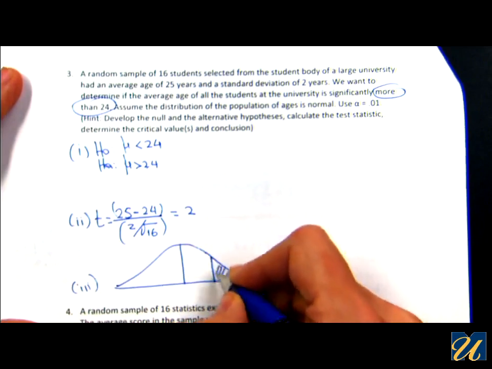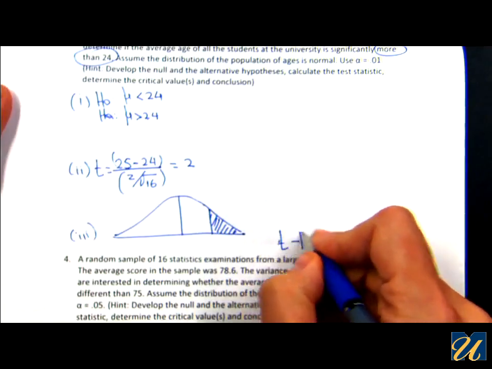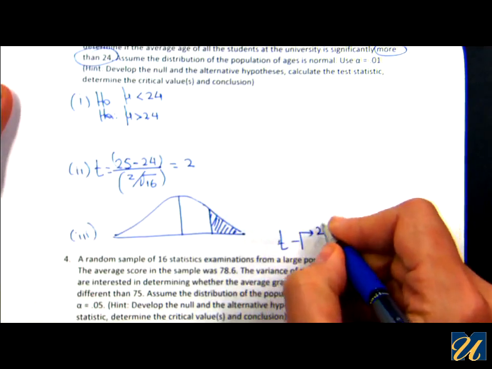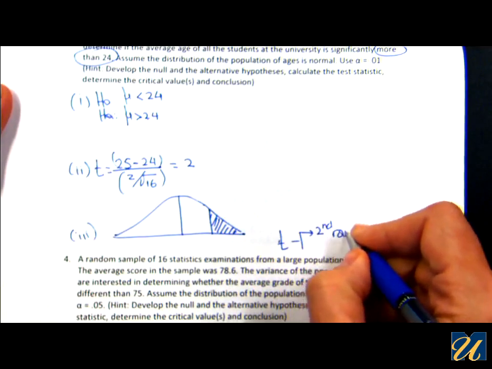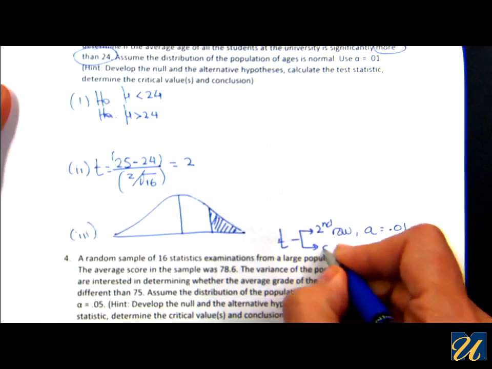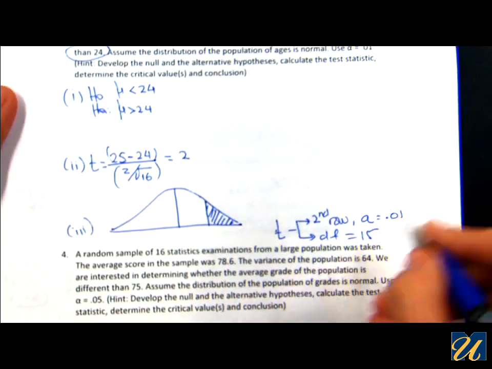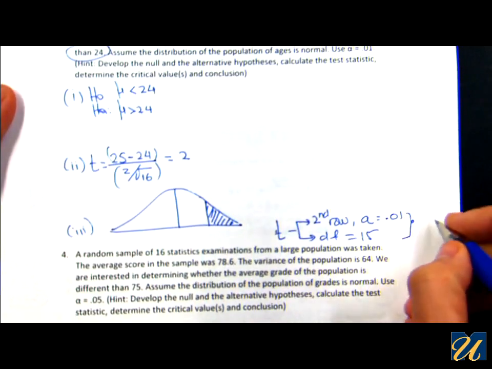Since I have a t-test, I will check the t-table. Second row for alpha 0.01 and degrees of freedom 15. This will give you your critical value, which is 2.602.